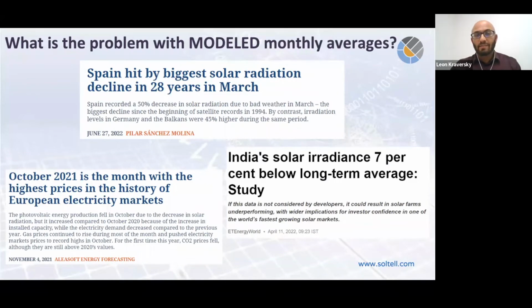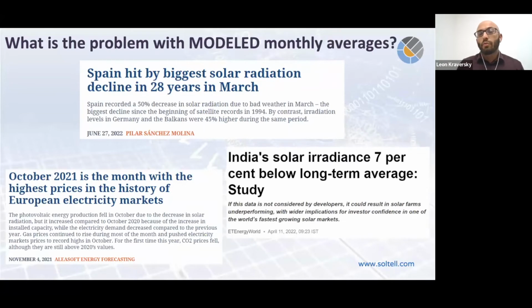And we saw this quite radically in Spain this March, when the solar irradiance plunged by 50% compared with historic averages, even though the plants were fine in most cases, but in financial assessment and financial reports, they underperformed by 50%, which doesn't make any sense. And this is not something unique. So I'm in the solar industry for 14 years, and I've seen those comparisons being quite inaccurate over time.